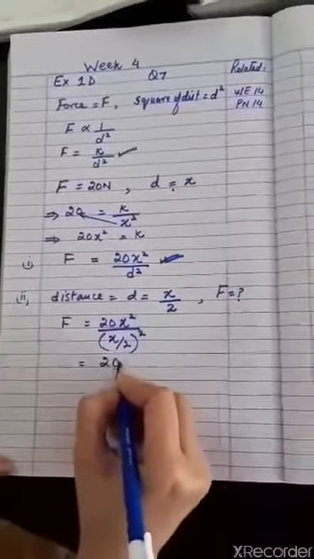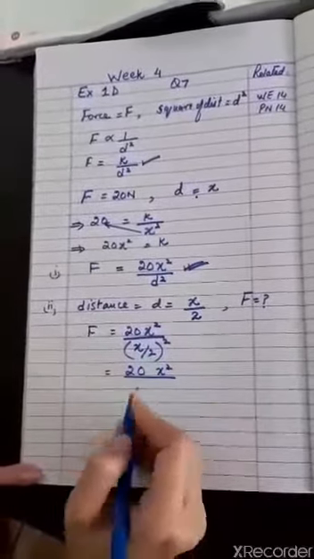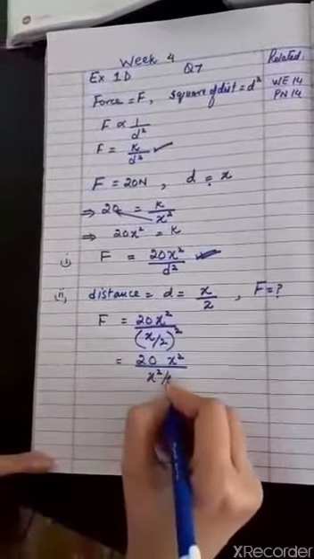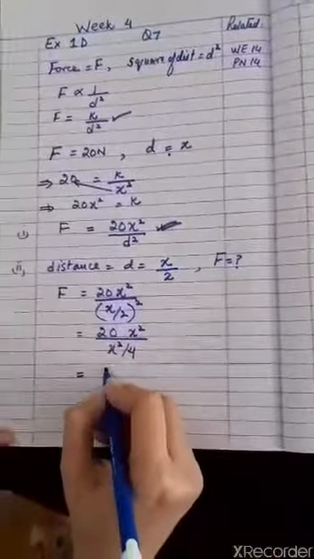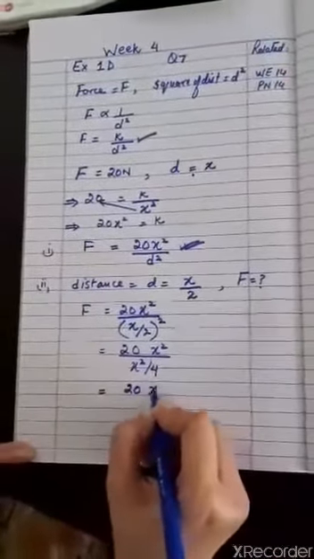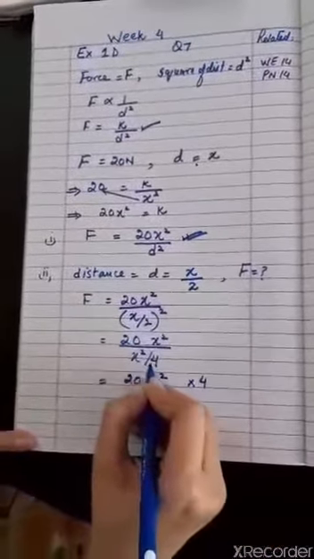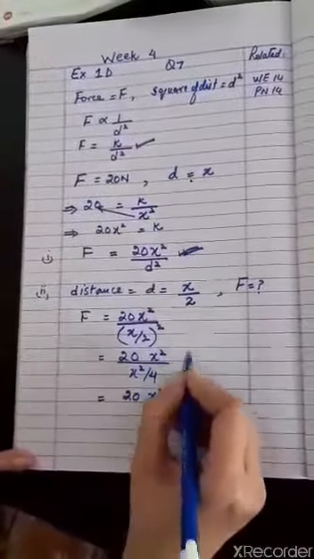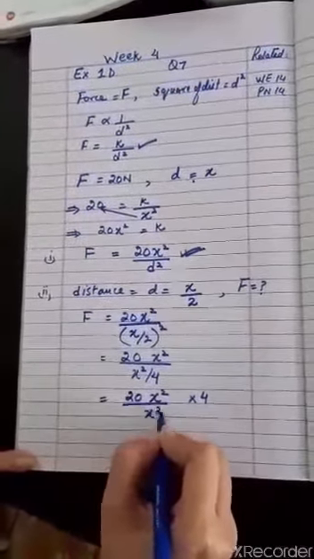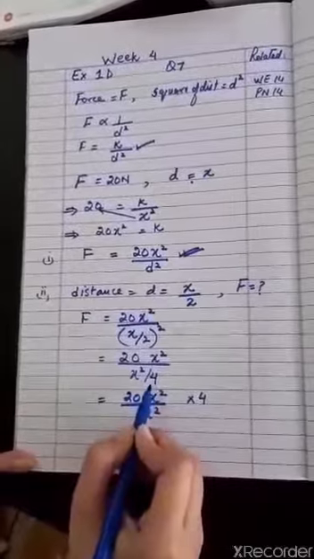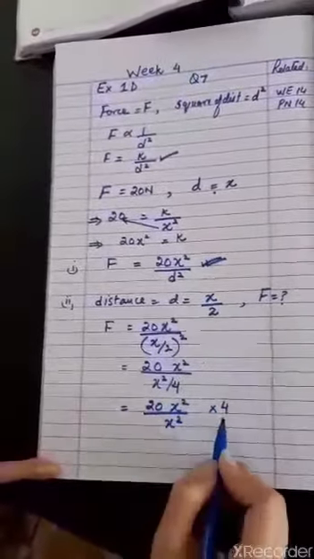Now it is 20x square. Now taking the square of x and 4, we get x square upon 4. It becomes 20x square multiplied by 4. The denominator of the denominator is multiplied with the numerator, that is 4 will be multiplied with 20x square.